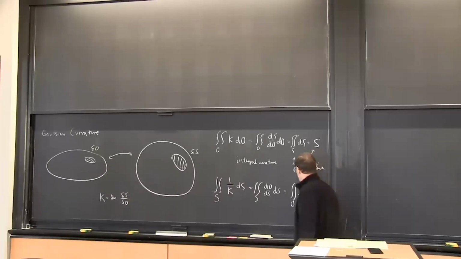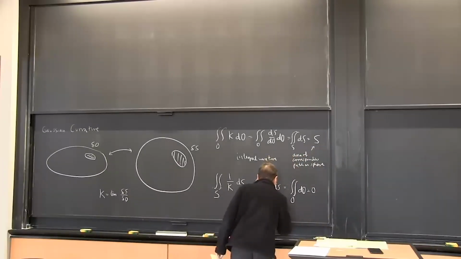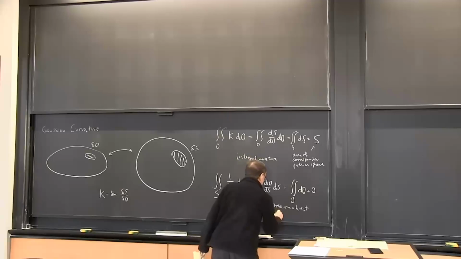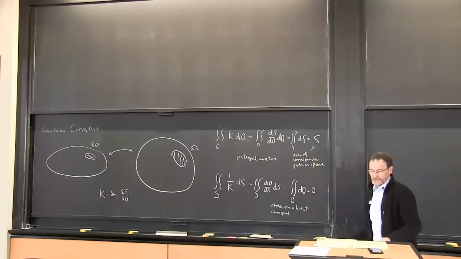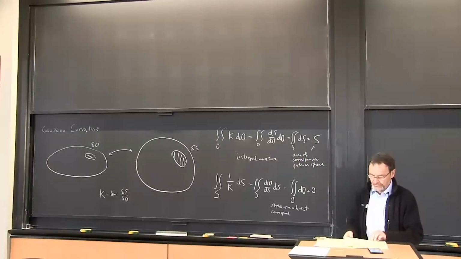And what do we get? It's the area on the object that corresponds to that. And so that's a quantity actually that we're even more interested in.